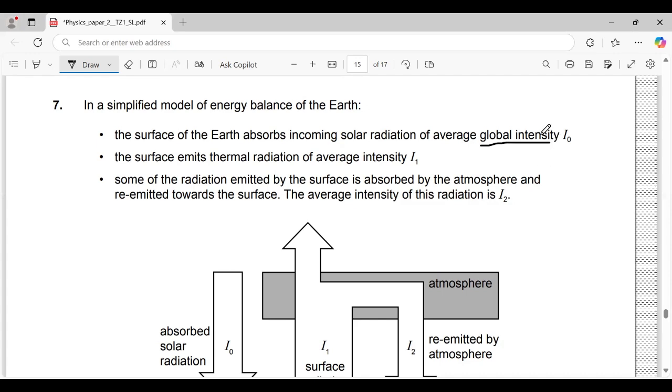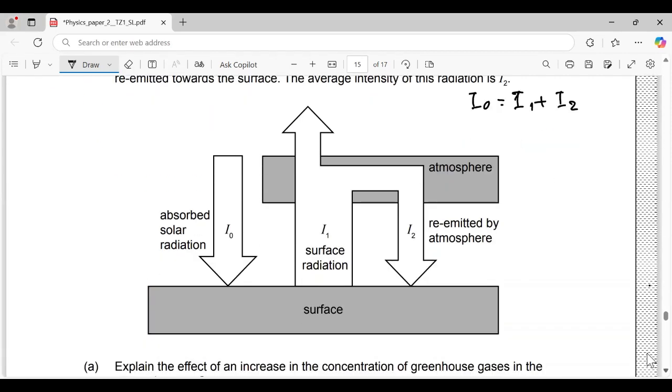Based on this diagram, I1 is directed upwards, and I2 and I0 are directed downwards. So I1 equals I0 plus I2. The emitted thermal radiation intensity equals the incoming solar intensity plus the intensity of the re-emitted radiation.